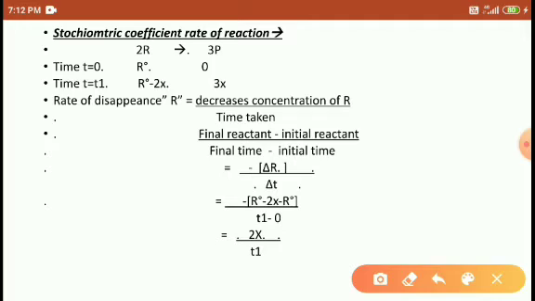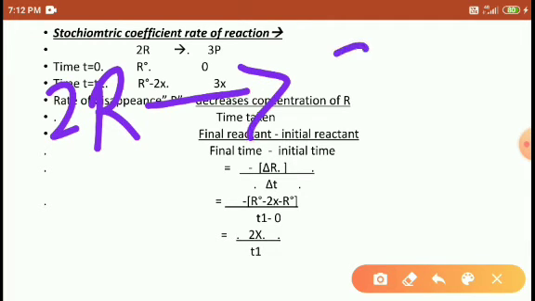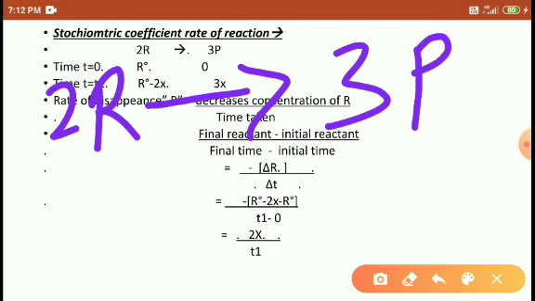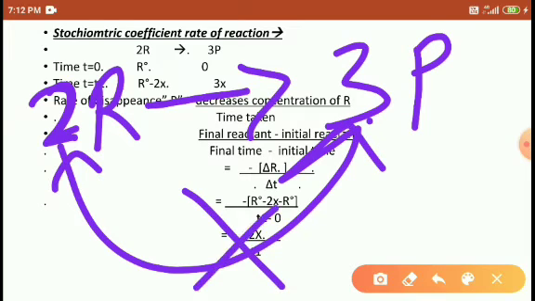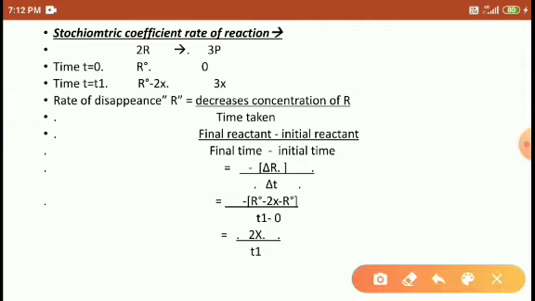For example, students, I am using 2 moles of R turning into 3 moles of P. Look at here, this is 2 moles and this is 3 moles. The concentration is unequal here. So in this case, we use this special case, the stoichiometric coefficient.